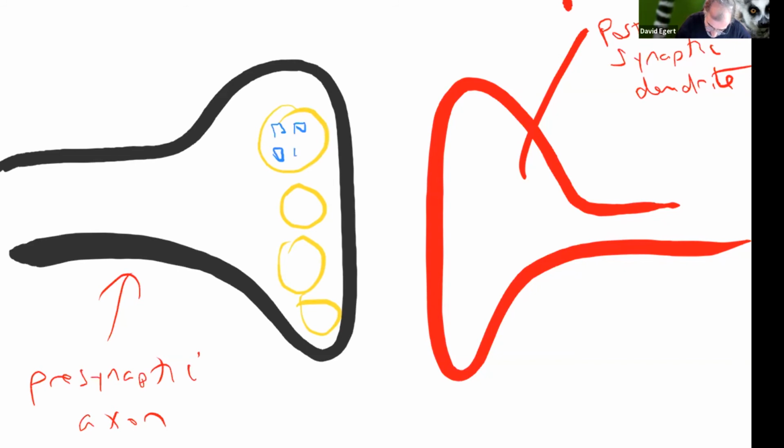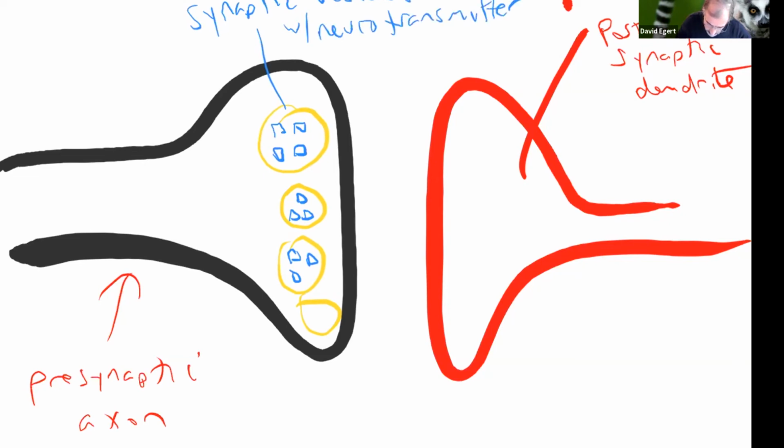I'm going to give them a specific shape so they can look like something that will match the receptor. So these are my synaptic vesicles. Obviously, we're going to need receptors on the postsynaptic membrane that will bind that. So we'll put those on there.